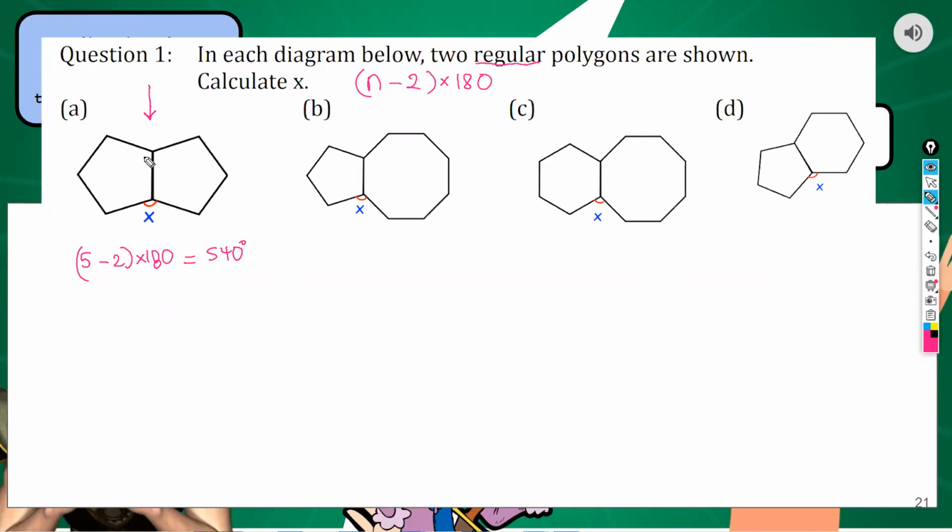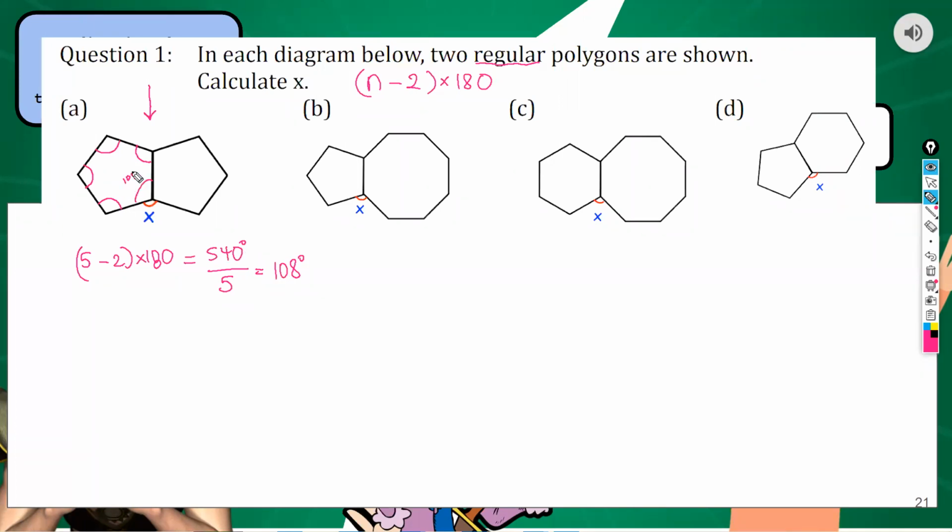Now, that's the total of all the internal angles. So we have to divide it by 5. And of course, when we divide it by 5, we get 108 degrees, just like the previous question, because it's only a coincidence that the last question was also a pentagon. So that means all of these angles here, the inside pink angles, each of them individually is 108 degrees.